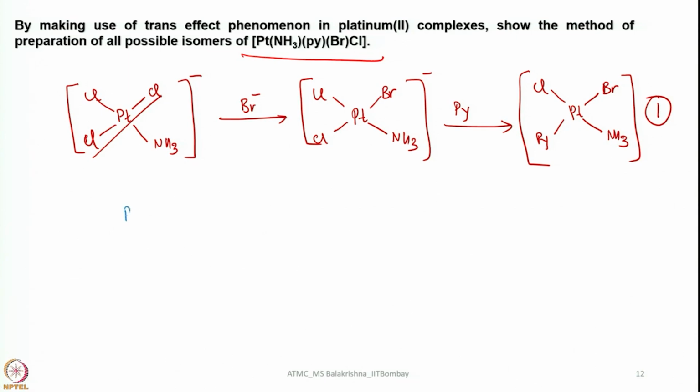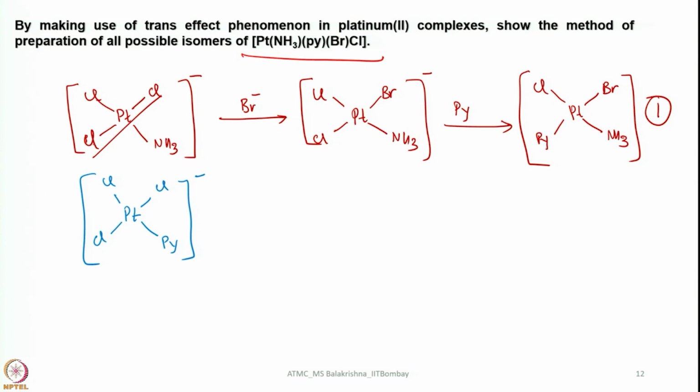Let us look into the second isomer. Let us start with a pyridine complex. If you ask me how this pyridyl compound is formed, of course, you take tetrachloroplatinate, add one equivalent of pyridine, you end up getting this one. So, that is the reason it is obvious.